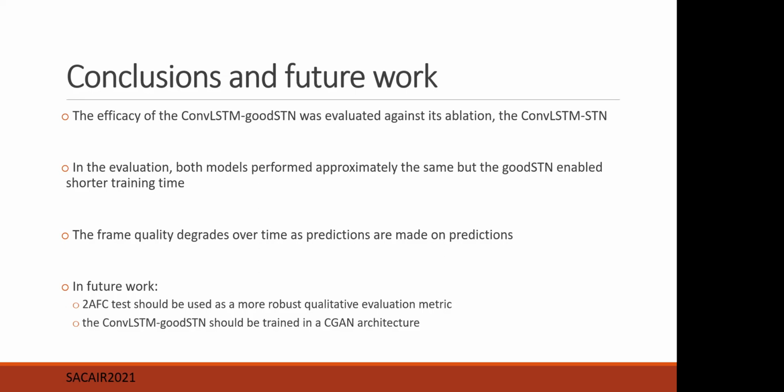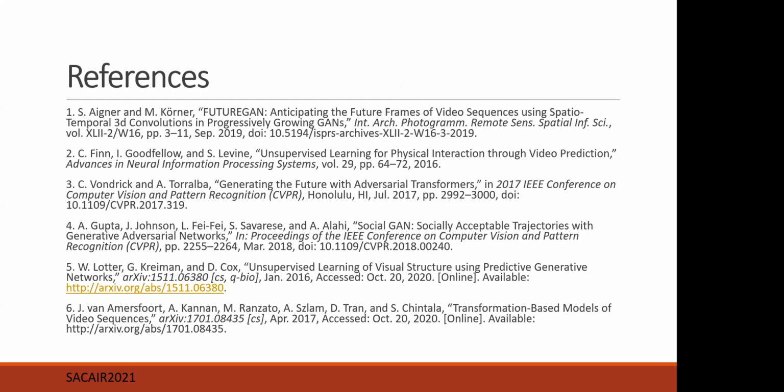A further conclusion that can be drawn is that the frame quality degrades over time as predictions are made on predictions. In future work, we'd like to extend the qualitative evaluation to be more robust and use the two alternative forced choice test. And also we'd like to train the model in a CGAN architecture. So thank you very much for your time, and I look forward to answering any questions that you may have.